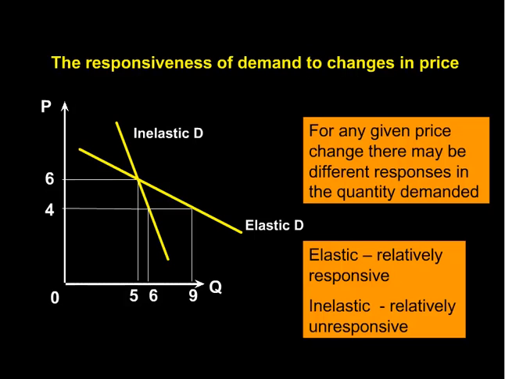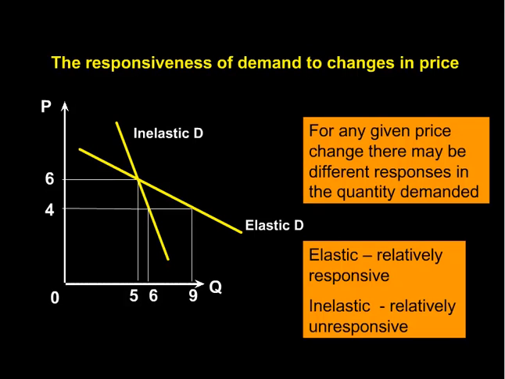So what we can say is that when we've got a shallow slope demand curve, the proportionate change in the quantity demanded is much greater than the proportionate change in price. And let's just have a look at what that means. If price falls from 6 to 4, that's a 33.33% fall in price, but with an elastic demand curve, the quantity demanded increases from 5 to 9, which is an 80% increase.